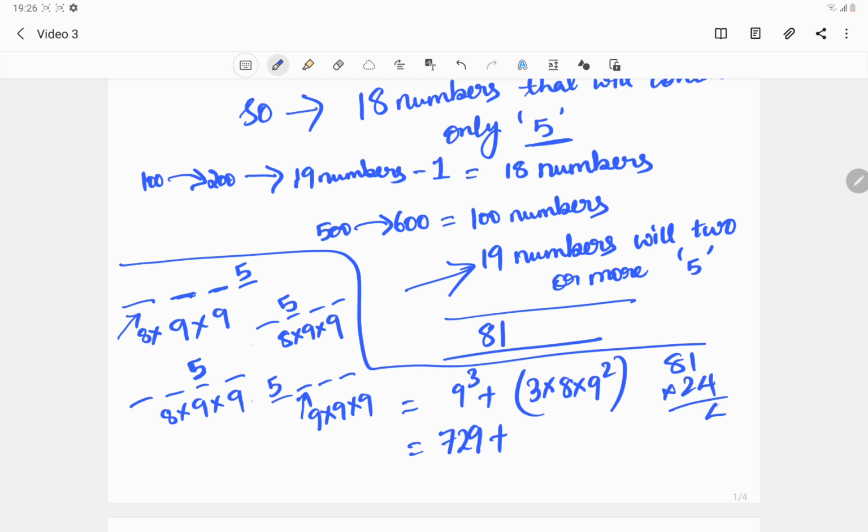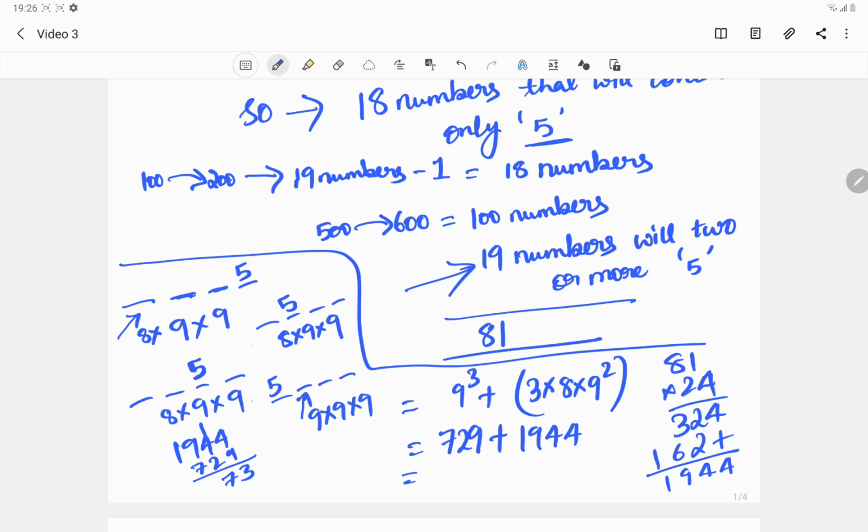So if we calculate it, 1944 would be here. So the total will be 1944 plus 729.